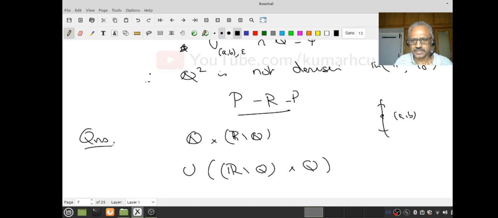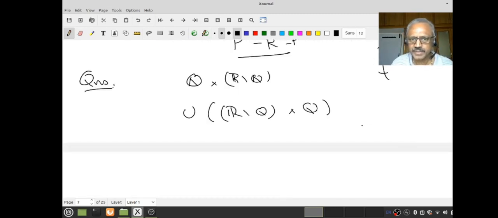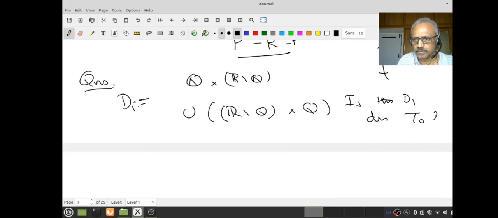It says if A is rational, then take irrational numbers, so there should be one irrational number in this interval. Similarly, if A is irrational, I can take one irrational. Are you following? This is one set, D1. Is D1 dense in tau O?